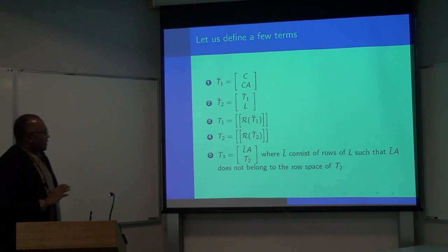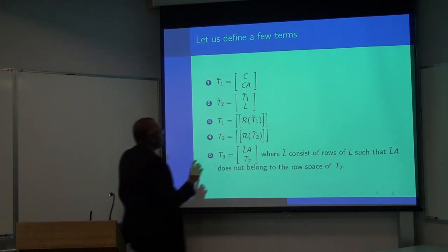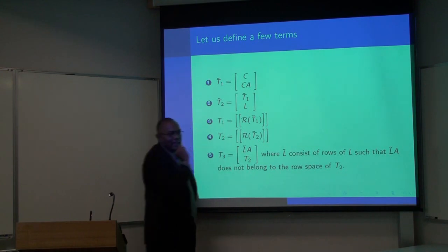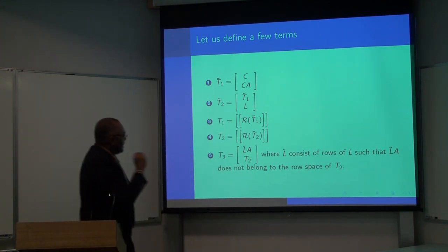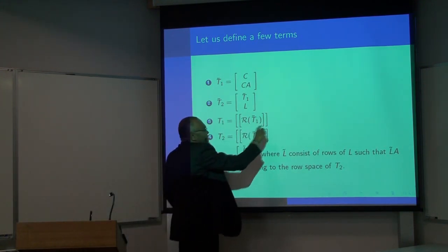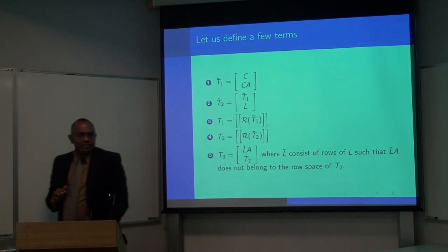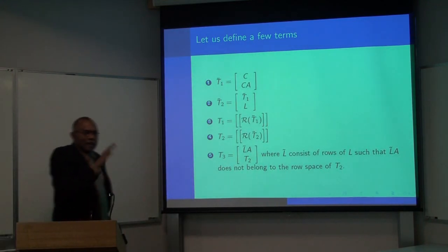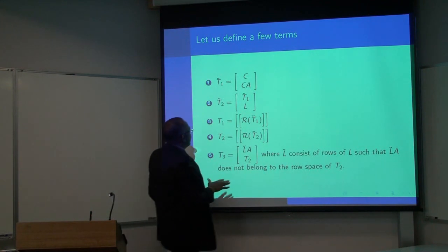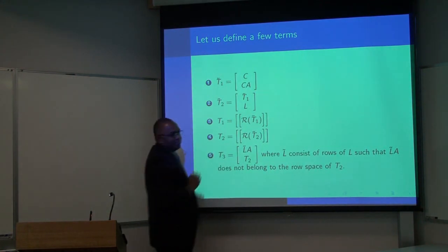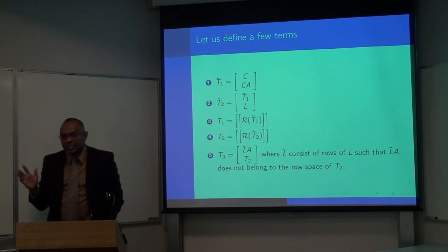is a set of basis vectors for the row space of T2 tilde. So T2 will only have linearly independent rows in that, which spans the row space of T2 tilde, which is the right-hand side of condition 1.